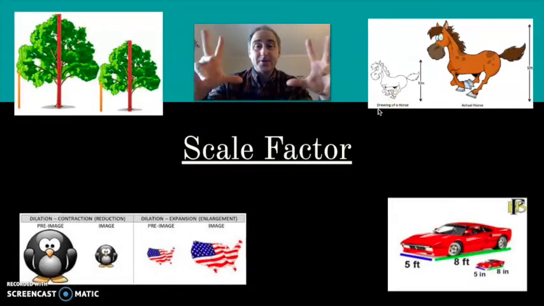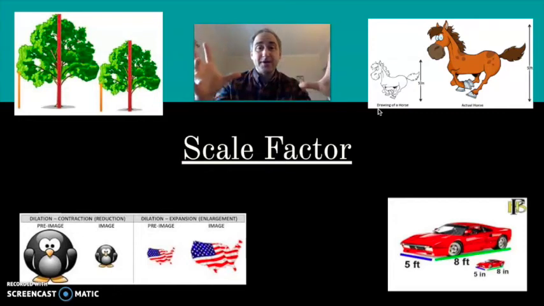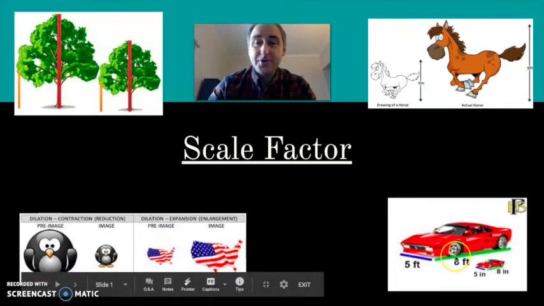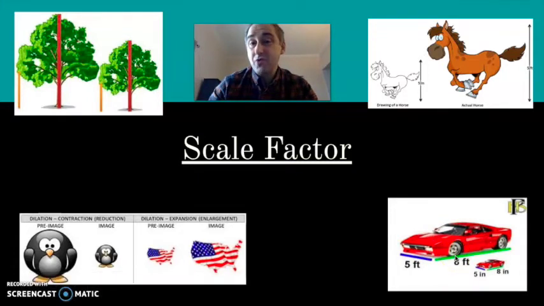Now, a lot of times we just do that with our fingers, grasping and stretching and pulling, but there's some math involved. For example, if you were an architect and you were going to build a new car, you might create a model image of that from your drawing to show the people that you are trying to sell your new car design to before you actually go out and spend the money to build the car at a real life-size drawing.